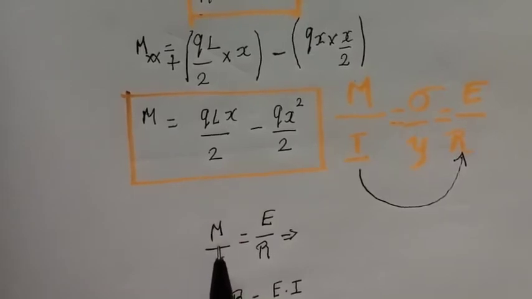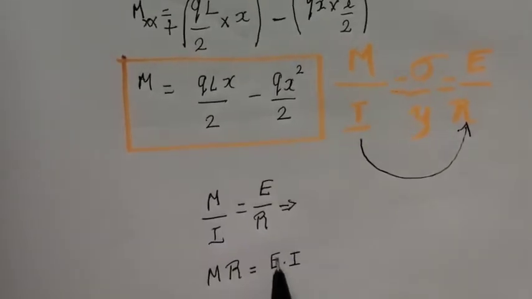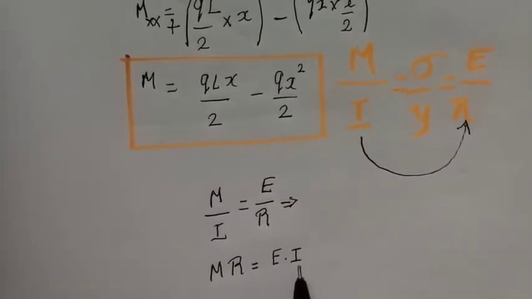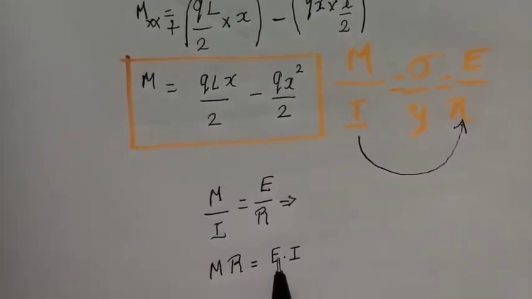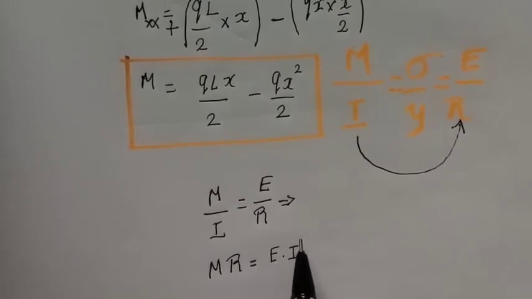Let me see what comes out if I substitute this value. So this term should give the flexural rigidity here. Again, it is something that is analogous to resistance to bending.